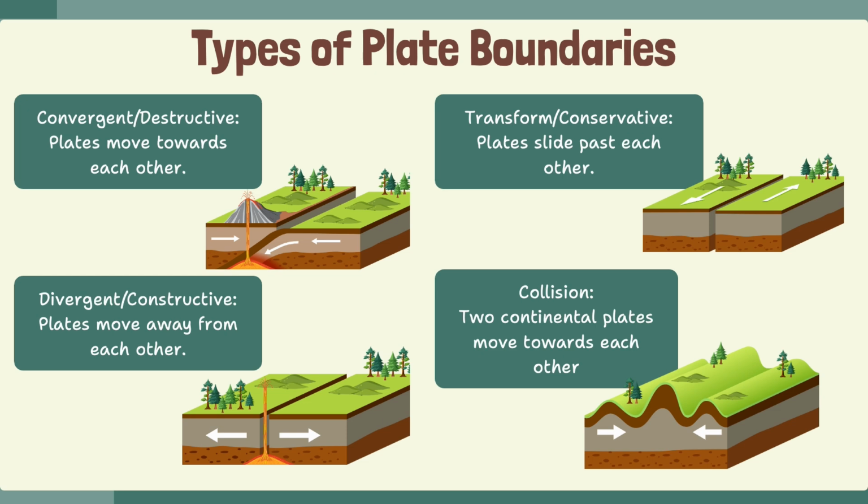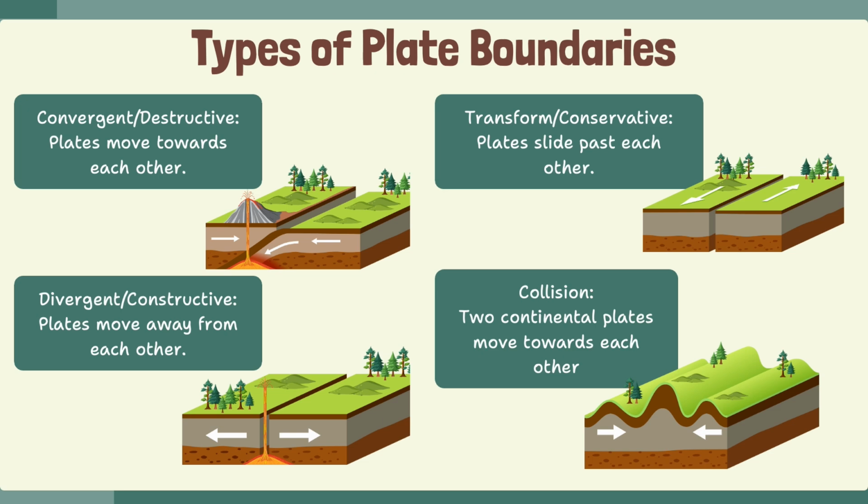However, destructive is when an oceanic crust moves towards a continental crust. So that's the difference, and that's why earlier I highlighted their difference in thickness. The oceanic crust will sink as a result, if you remember the characteristics. So that's basically the difference.